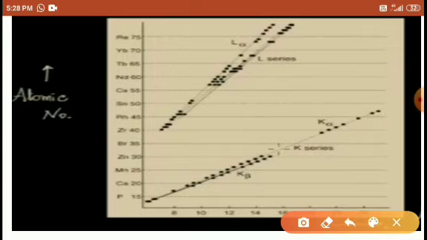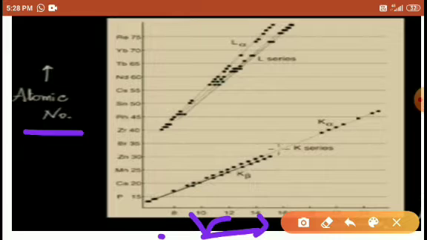He plotted the graph here, students. You can see phosphorus, calcium, magnesium, zinc, bromine, zirconium, some metals mentioned here. He plotted the graph of atomic number versus frequency, with frequency on the x-axis and atomic number on the y-axis.